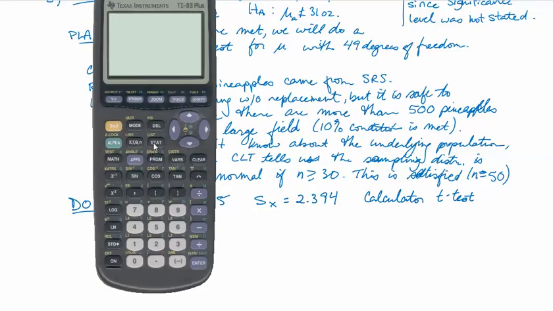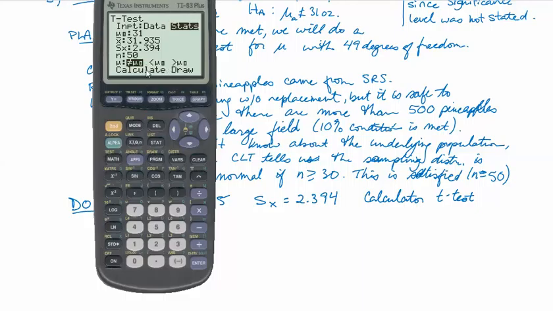So we go stats, tests, and number 2 is the t-test. We will choose stats. Our null hypothesis mean is 31. I've entered in x bar and sx, the sample standard deviation, n is 50. Our alternative hypothesis is that the mean is not equal to the null hypothesis mean of 31.